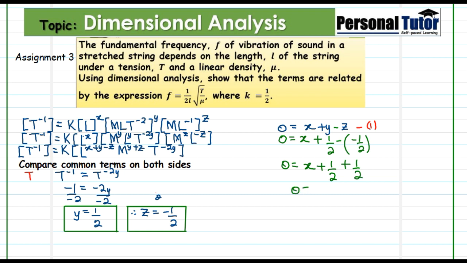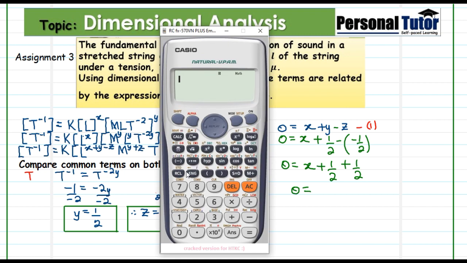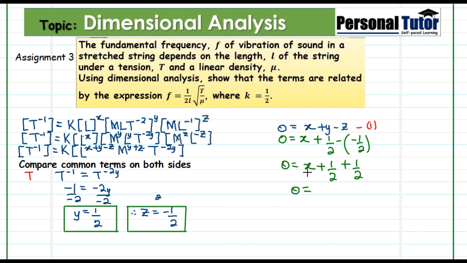So 0 equals, from your calculator, you could simply punch the addition of half plus half, which obviously is 1. So that is the value. Great. So this is equal to s plus 1.